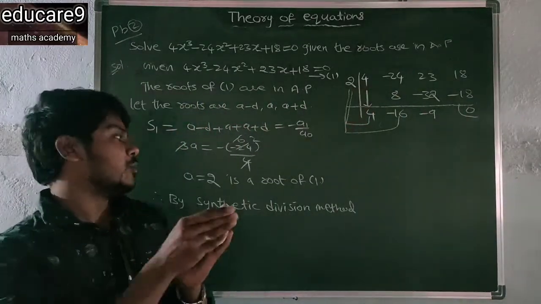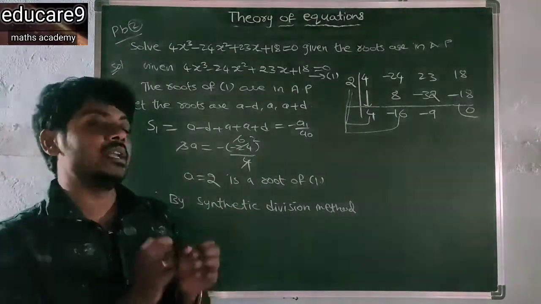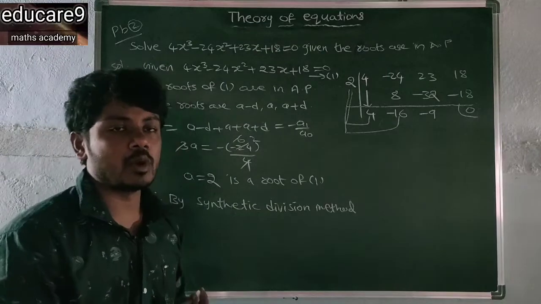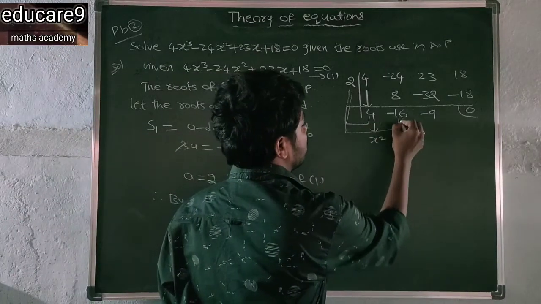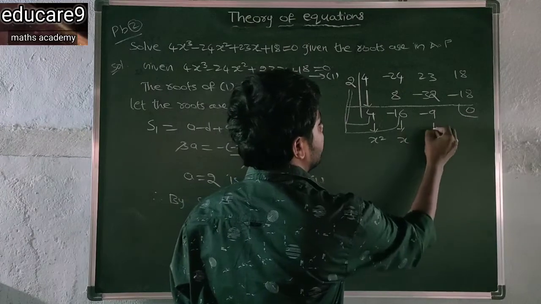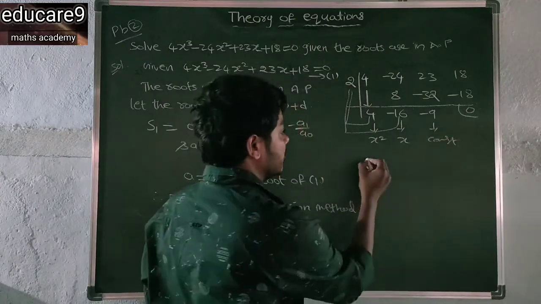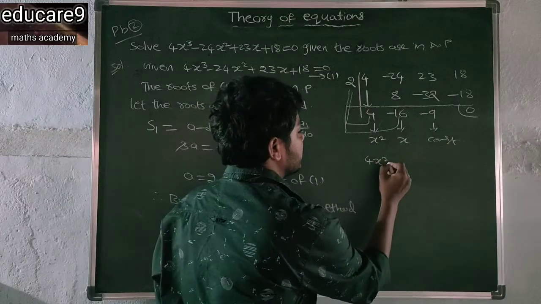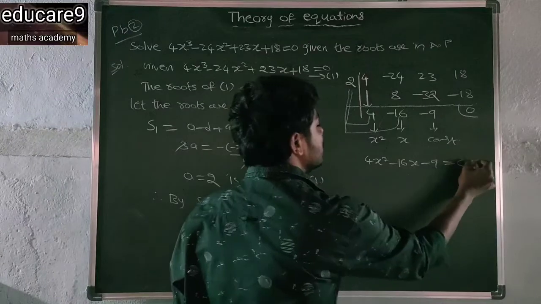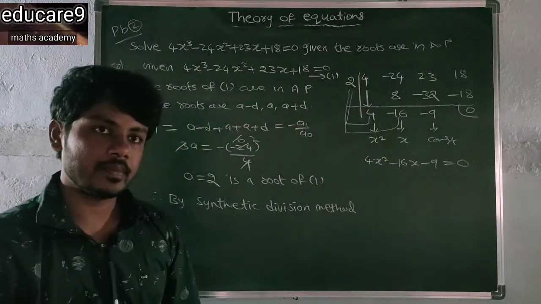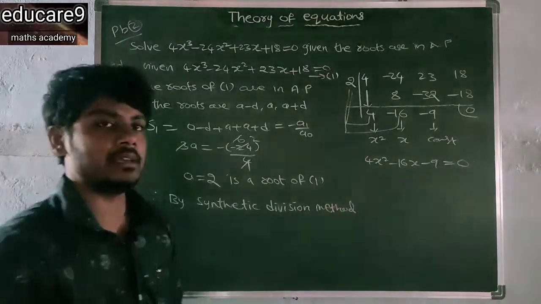So divide the cubic polynomial by the linear polynomial. In that case we will get a quadratic polynomial. So clearly this is the x square quotient, x quotient, constant. Therefore 4x square minus 16x minus 9 is equal to 0. Now you want to find the roots of this quadratic equation.